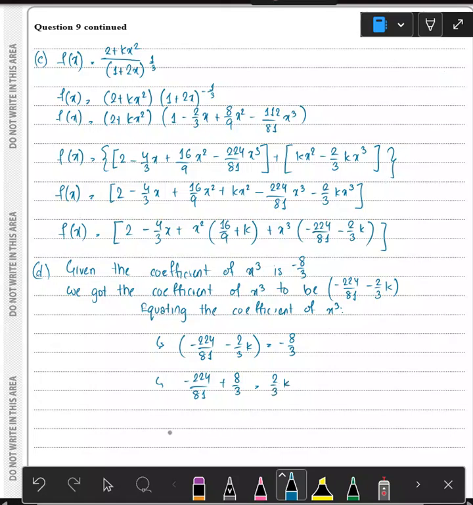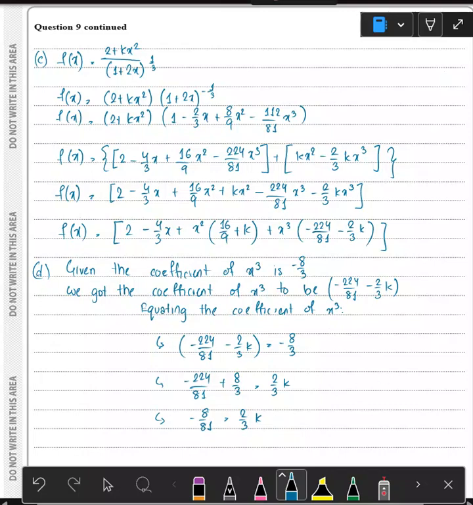Okay, now if you put this in your calculator, then you will get a value of negative 8 by 81 is equivalent to 2 by 3k.